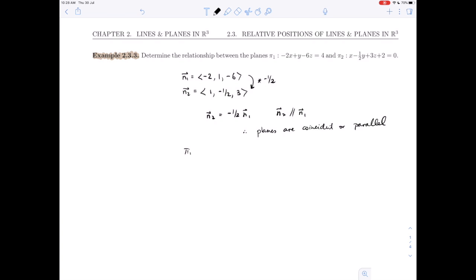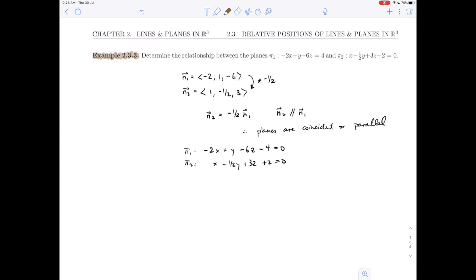Pi 1's equation, I'm going to move everything over to one side so that the equations match completely in form: minus 2x plus y minus 6z, bring the 4 over, so minus 4 equals 0. Pi 2's equation, I'll just recopy: x minus 1/2 y plus 3z plus 2 equals 0.